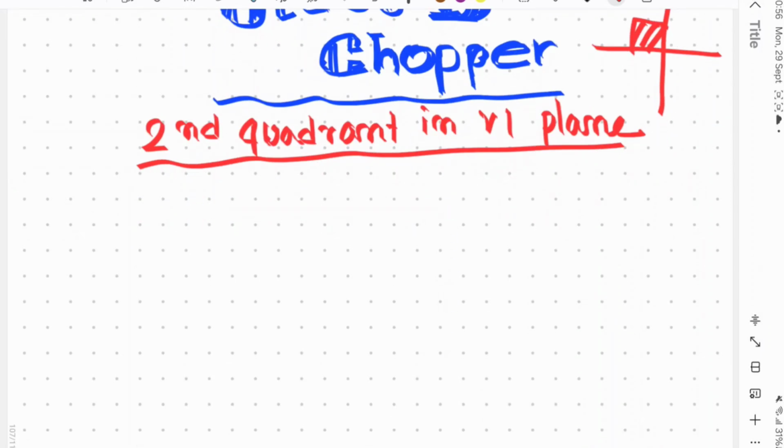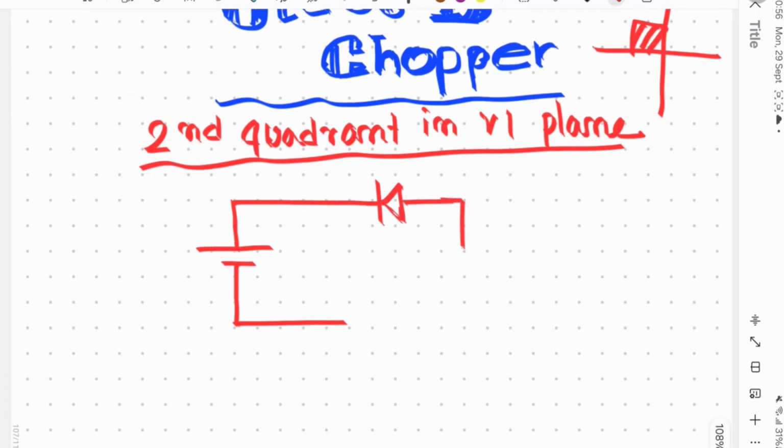So let's see the circuit diagram. The circuit diagram looks like this: this is the source, this is the diode in the reverse direction, this is the chopper, and RLE load is connected.